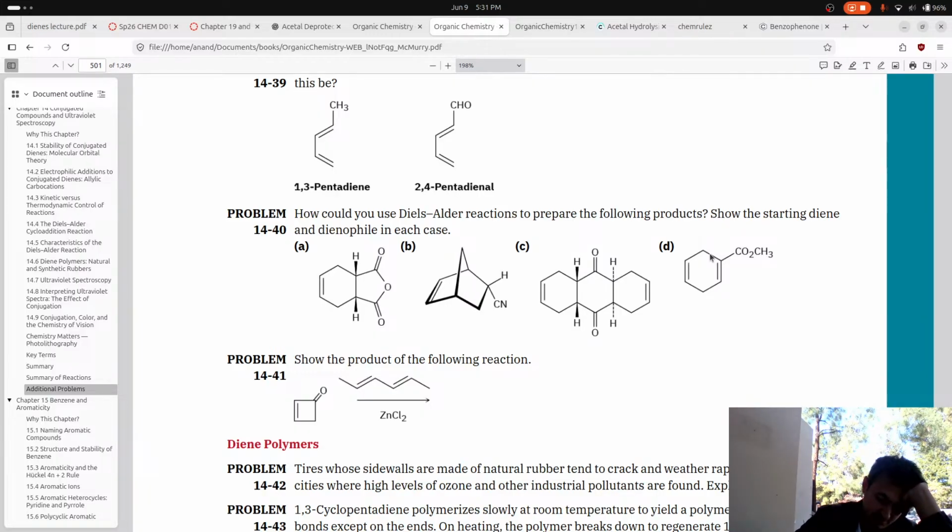Okay, methyl ester. Pericyclic reactions are really cool, man. Oh, but it's gotta be... Oh, dude. Okay, this is the good one. It's gotta be an alkyne. So it's this weird alkyne methyl ester thing. I think I got them all.